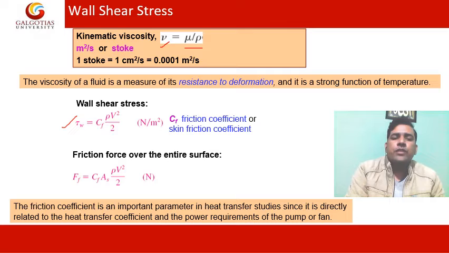The viscosity of the fluid is a measure of resistance to deformation, and it is a strong function of temperature. The friction force over the entire surface is given by Ff equals Cf times A times rho V square by 2. The friction coefficient is an important parameter in heat transfer studies since it is directly related to the heat transfer coefficient and the power requirement of the pump or fan.